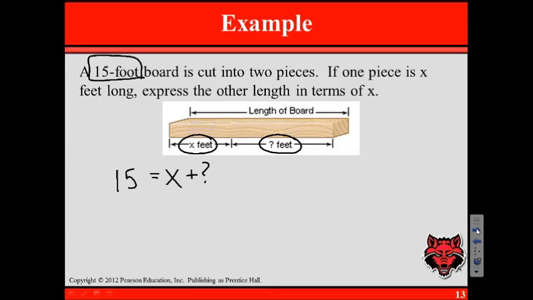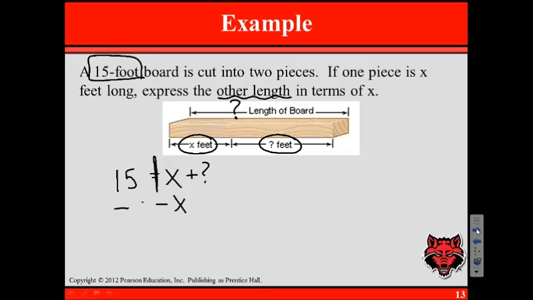Now, in order to express the other length, and here the other length means the question mark, in terms of x, really we're solving this equation for the question mark. So we need to move x in order to isolate the question mark. So we perform the opposite operation.